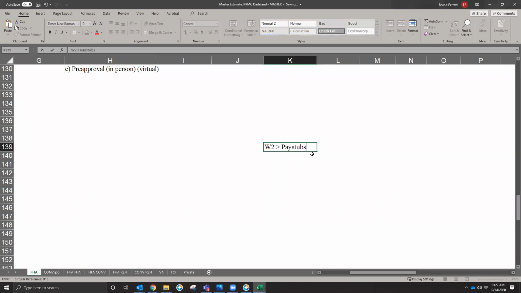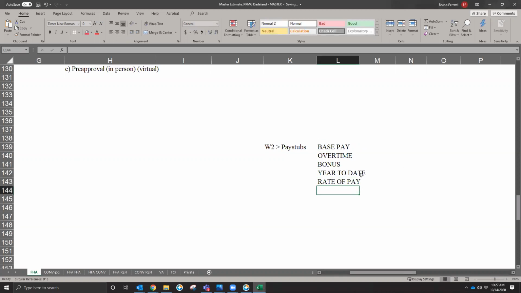When somebody works W-2, they're gonna have pay stubs. Okay? On their pay stubs, it's gonna show me their base pay, their overtime, their bonus, their year to date, which is incredibly important for me to calculate income, their rate of pay. It's going to show me a ton of information.